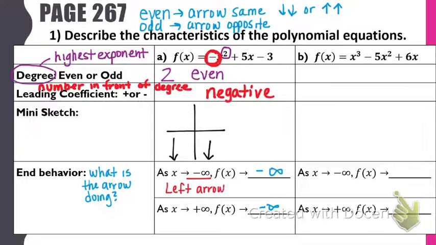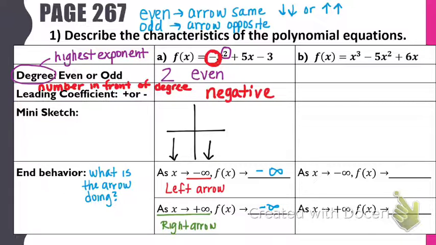So is the left arrow going up or down? That's what that's asking you. For this one, this has a positive infinity. This is asking you for the right arrow. And because it's even and they're both doing the same thing, then they both go down. So both negative. So I just gave you a lot of definitions that you're going to use over and over again.